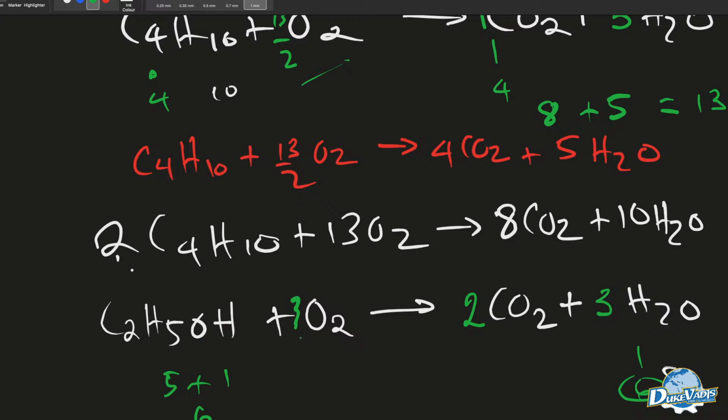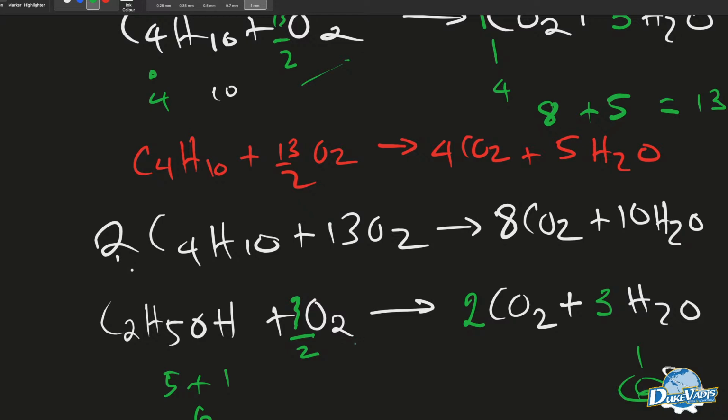So you see 6, and this will be 2 to cancel this one over here. Then our hydrogen here will become 6, and the hydrogen here becomes 5 plus 1, 6. We have oxygen here.